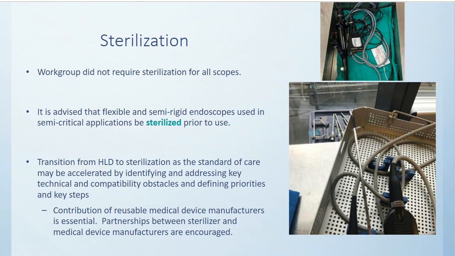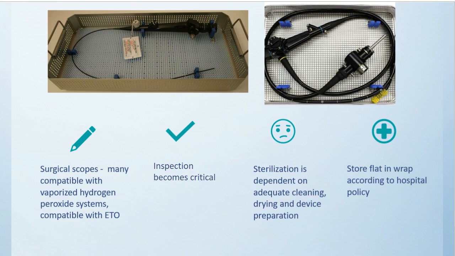And so what I recommend for facilities is that you take an inventory of your endoscopes, know what you have already, and based on the Spalding classification, which is what the FDA accepts, move anything that already can be sterilized to sterilization. Your low-hanging fruit, attack that first. Those are your scopes like your bronchoscopes. They have been compatible with low-temperature vaporized hydrogen peroxide systems and ETO for years, going back 12, 13 years.